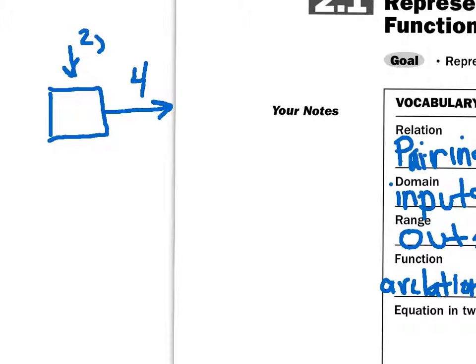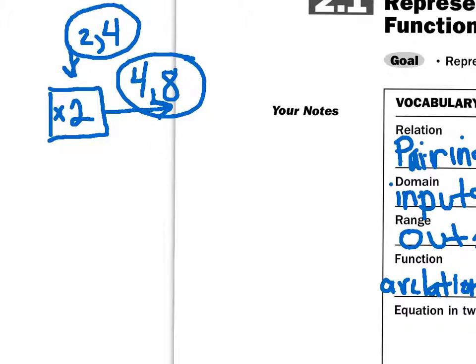And if you put a 4 in the magic box, it comes out as an 8. And they wanted you to find the pattern, which for this is times 2. So the 2 and the 4 up here are our inputs, which is our domain. And the outputs are 4 and 8. Each input has one output.